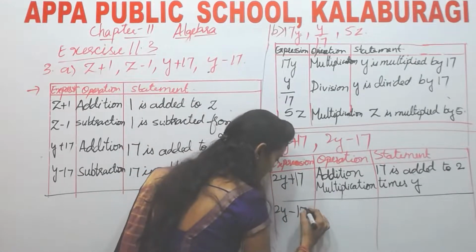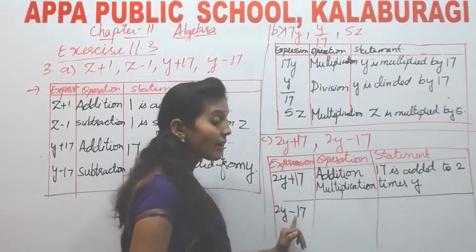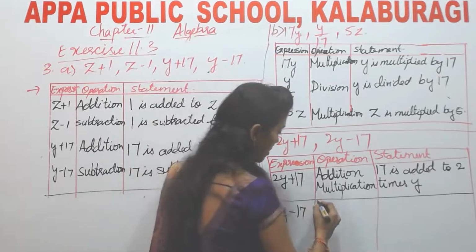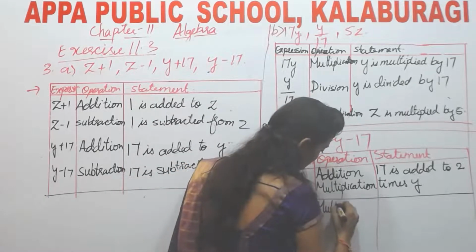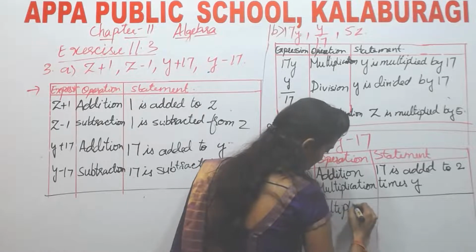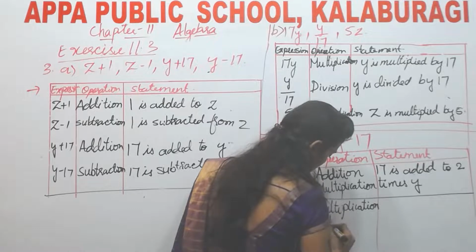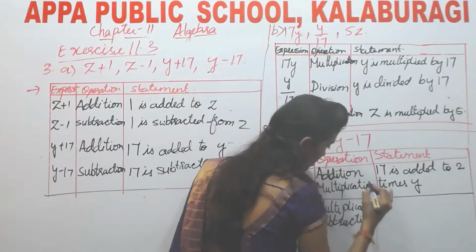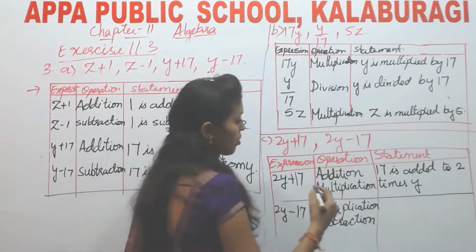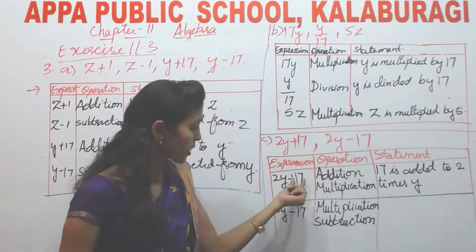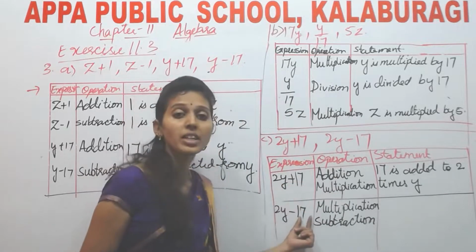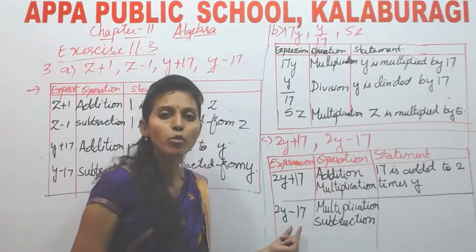2y minus 17. Multiplication and subtraction. Right? So here 17 was added, but here 17 is subtracted. From what?